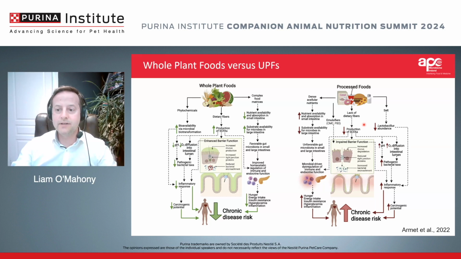Typically, dietary fibers are taken out of the processed foods, so again, you restrict the substrates that microbes need for metabolism. And you can also have other components like salt that will directly impact the microbiota. So this is important for chronic diseases, immune-mediated diseases such as atopic dermatitis and food allergy.